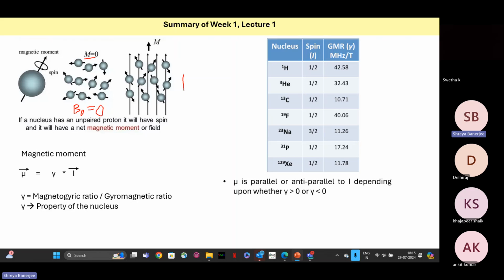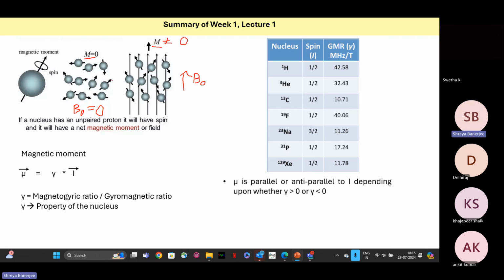But suppose we apply an external magnetic field B0. Then there will be certain orientation of the magnets, which again I'll discuss in the coming slides. And then the net magnetic moments orient in such a way that there is a certain M value, which is the net magnetic moment, and M is no longer 0.